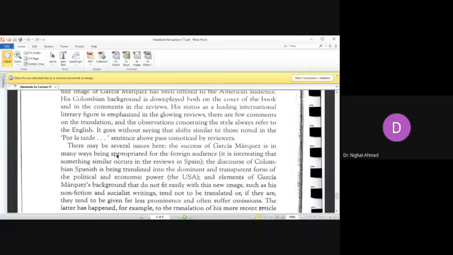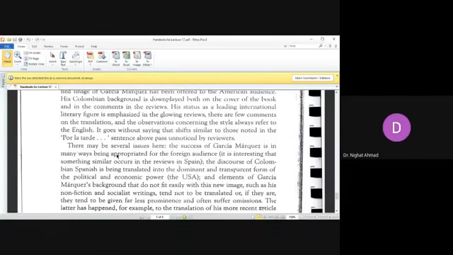So anything pertaining to his own background which does not fit easily with the new image has been appropriated by the translator, such as his non-fiction and socialist writings, and even his initial writings. The way he thought at that time, his thought process, also changes.